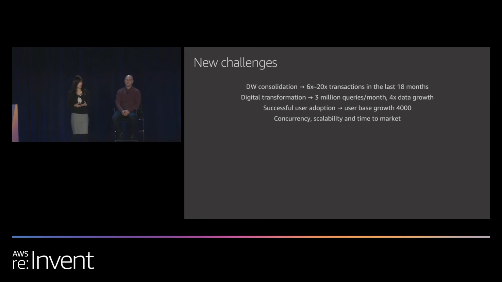And we have a 4,000 user base right now, and it's continuing to grow. So we have more users, more applications, and more data volume coming to the EDW. This creates concurrency issues and scalability issues, and it's the perfect storm coming our way.